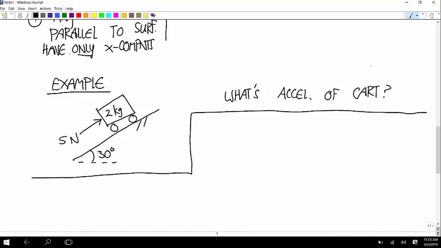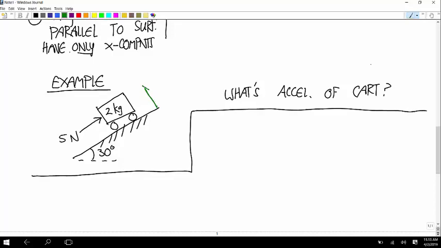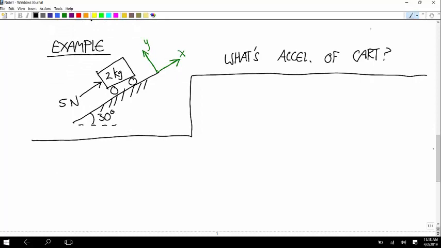Well, the coordinate system we're going to use, because it's rolling or sliding, has the y-axis straight out of the surface. So that's the y-axis, and that means the x-axis is up the ramp. And so the first thing we have to figure out is the weight force.